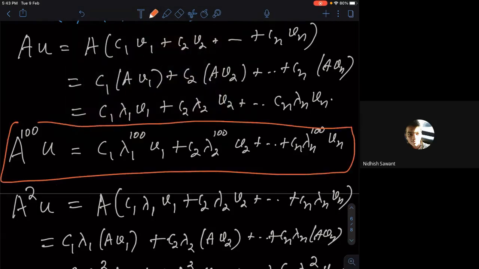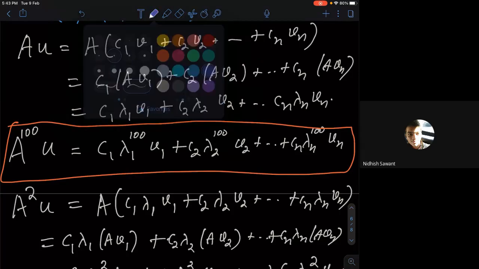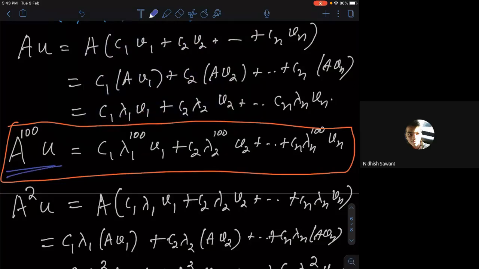How many times do we have to multiply on the right side? How many multiplications are required here? Yeah, how do you do this multiplication?